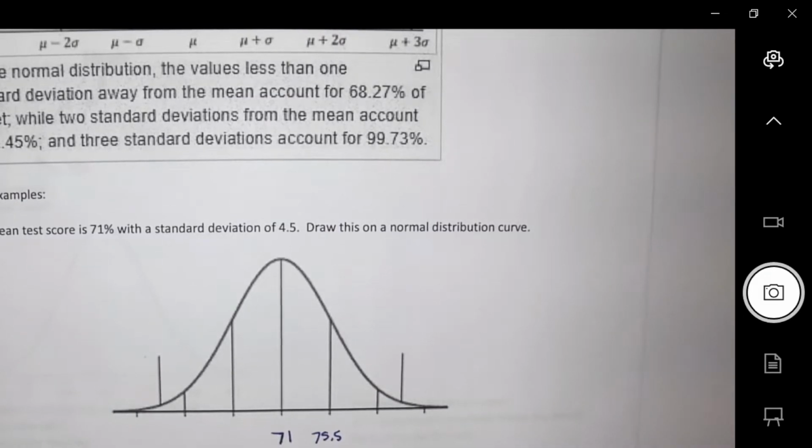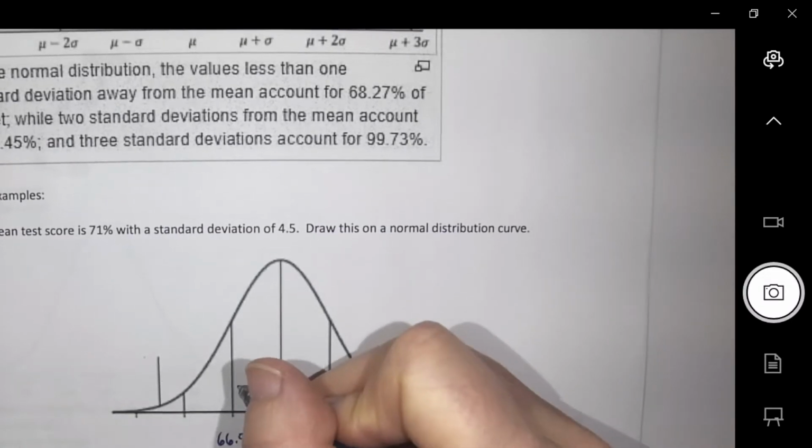See what I did? I just added. If you scored one standard deviation below the average, that means you scored a 66.5. Now, this is a given number, which we will eventually put on our cheat sheet so you don't have to memorize it.